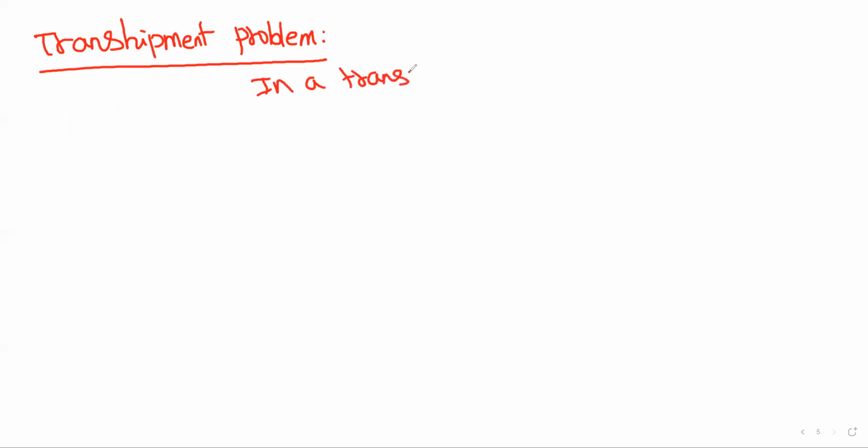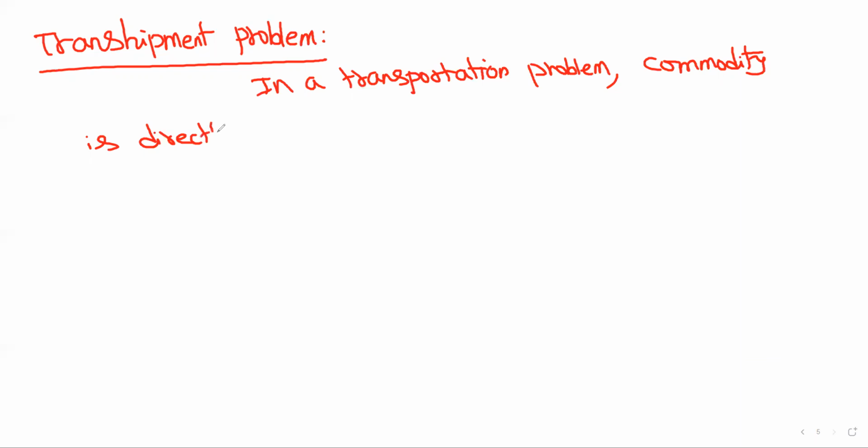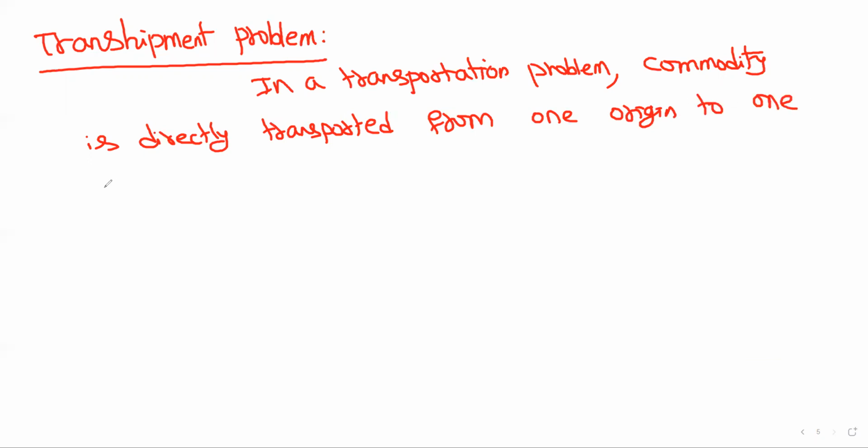In a transportation problem, the commodity is directly transported from one origin to one destination only. One origin to one destination only.